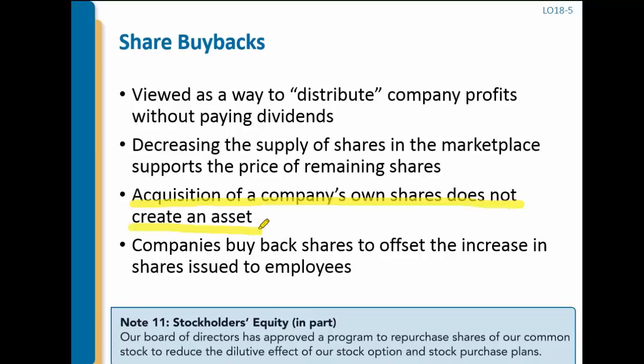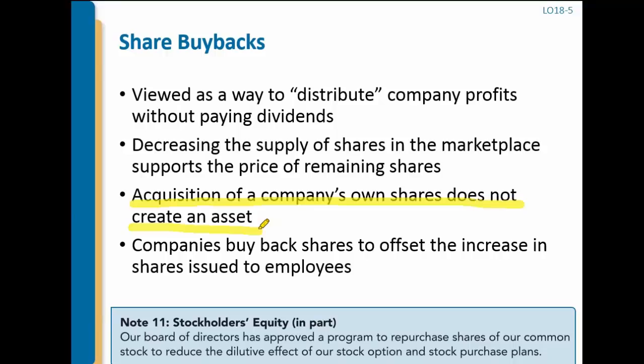But if we buy our own shares, this is obviously reducing cash, so it's a credit to cash, but the debit is going to go to treasury stock, and treasury stock remains as a debit in the equity section, and essentially reduces the wealth of the organization.